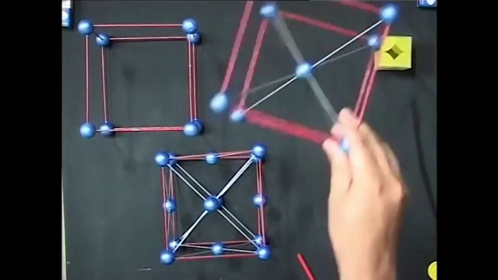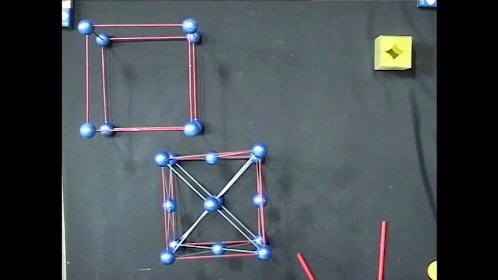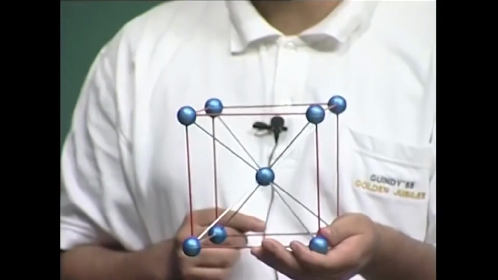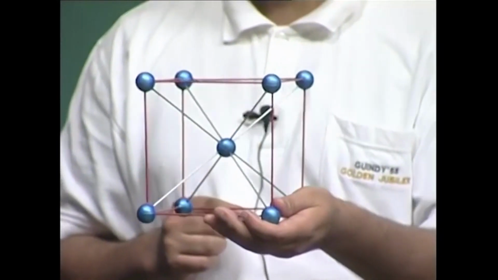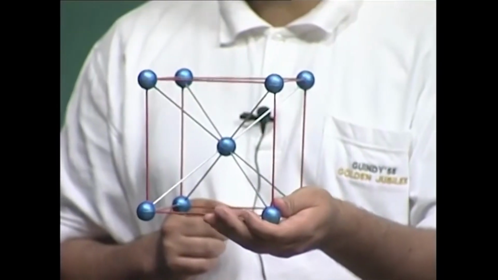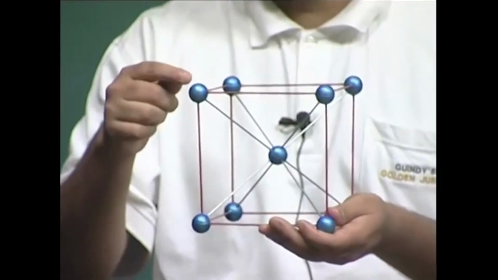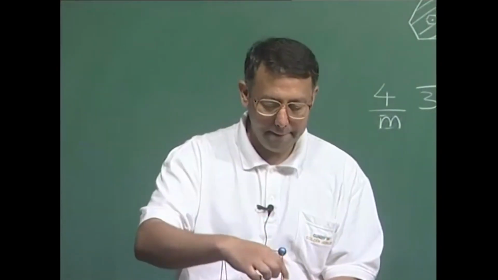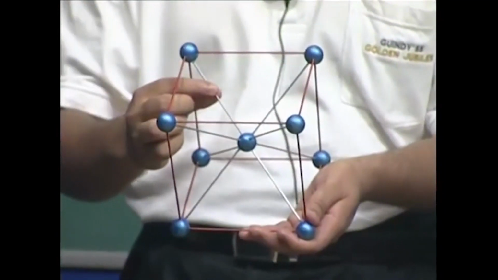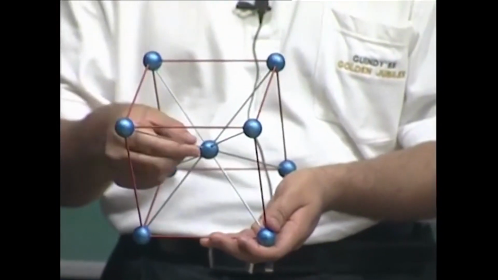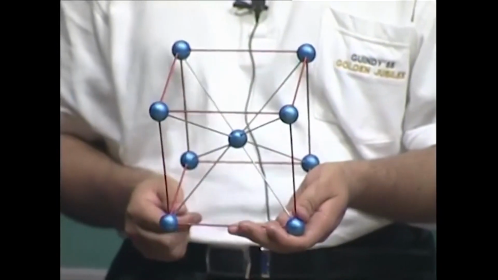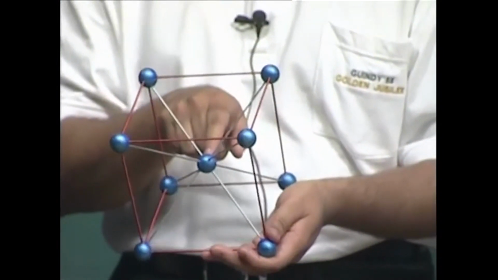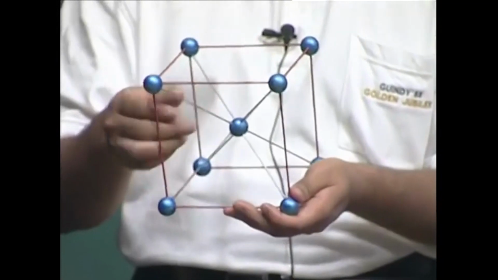Now let me pick up the body centered cubic lattice. Again, I have to assume that these are not spheres and these are merely points. Now if I look at the unit cell, the unit cell is a cube as before, because all the edges of the cube are marked in red. The additional strands have to be ignored, because they are merely there to hold the central point in place, and they are not meant to be descriptors of this unit cell.